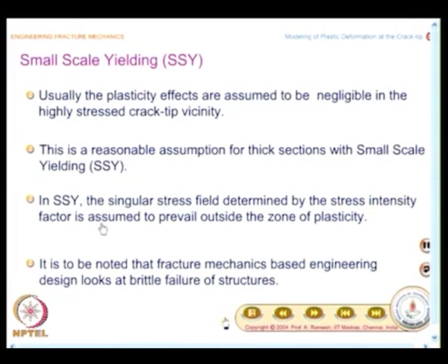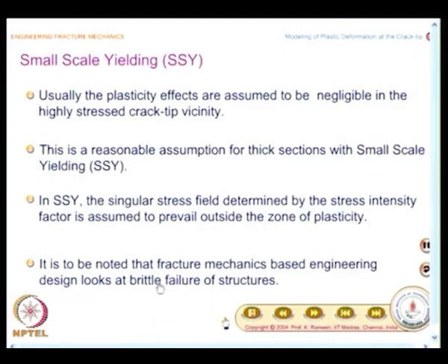For the time being, you can consider that in small scale yielding the singular stress field determined by the stress intensity factor is assumed to prevail outside the zone of plasticity. This is a reasonably good assumption. You are making an assumption to make our life simple. As long as this assumption is valid, certain improvements in our stress intensity factor calculation can accommodate this class of material. That is the way you have to look at it.